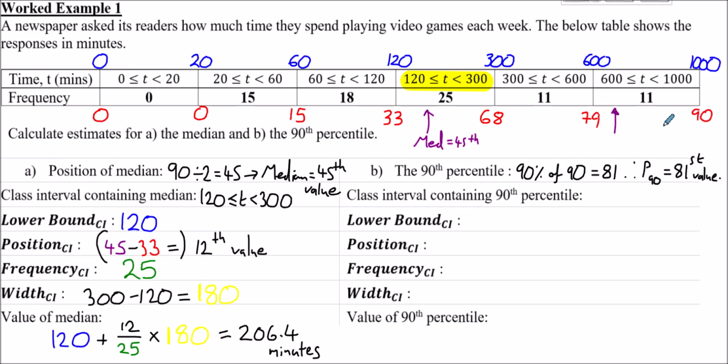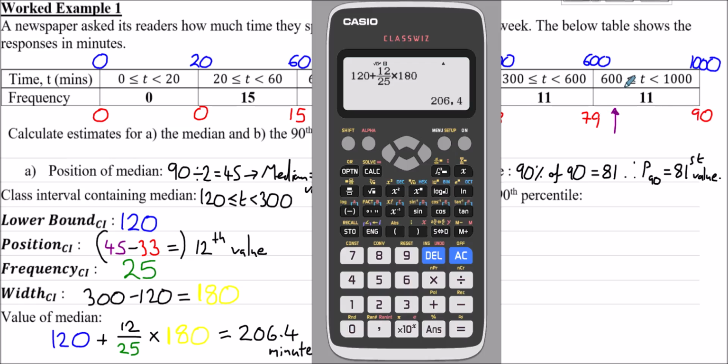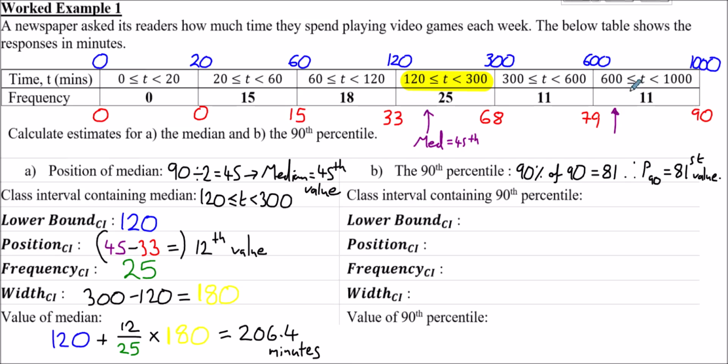So now we just list that it's in this interval from 600 to 1000. Next, we're going to write the lower bound of that class interval. So this class interval begins at 600, as we can see.